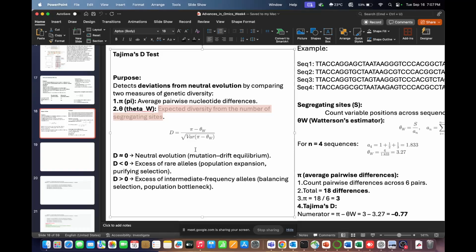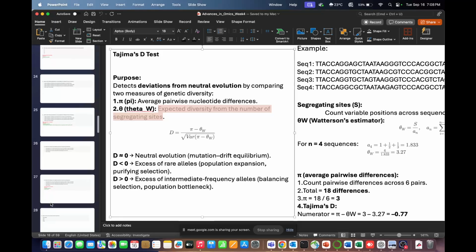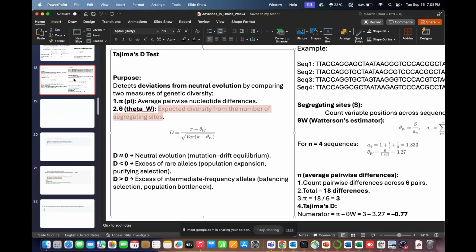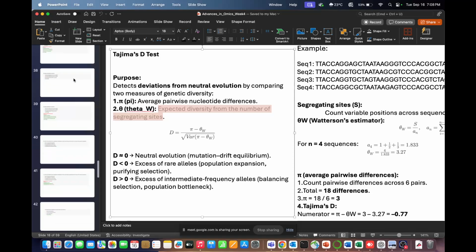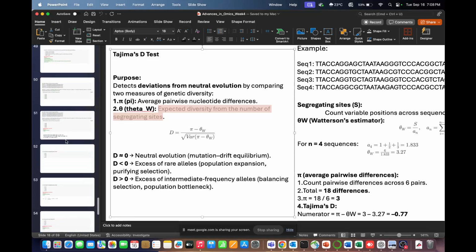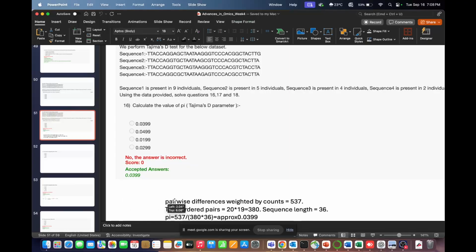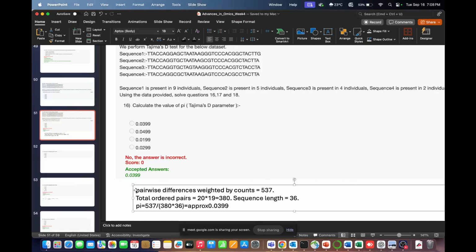When you calculate pi, it is going to be the pairwise differences, and then you divide it by the total possibilities.